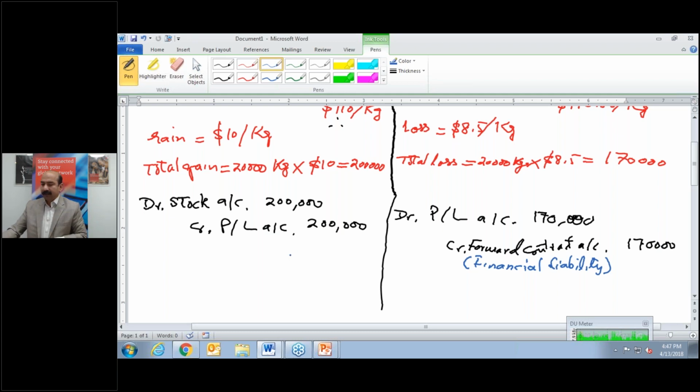Okay, now next. This was the year end, and we made these entries. Then on 30th June 2007, the traders sold the inventory and closed out the futures position at the then spot price of 115 per kg.